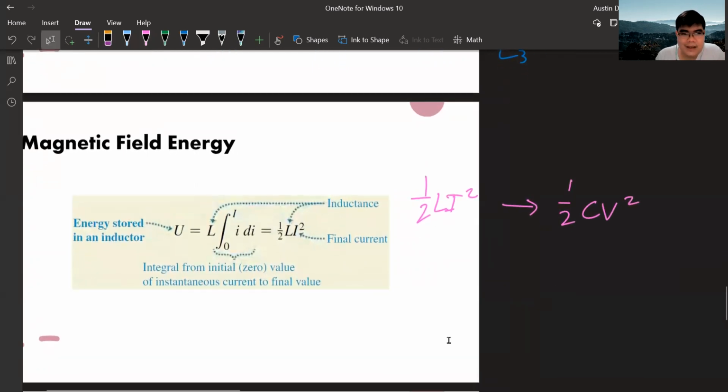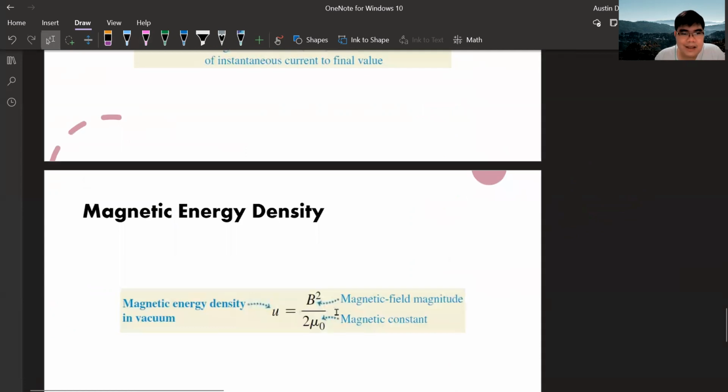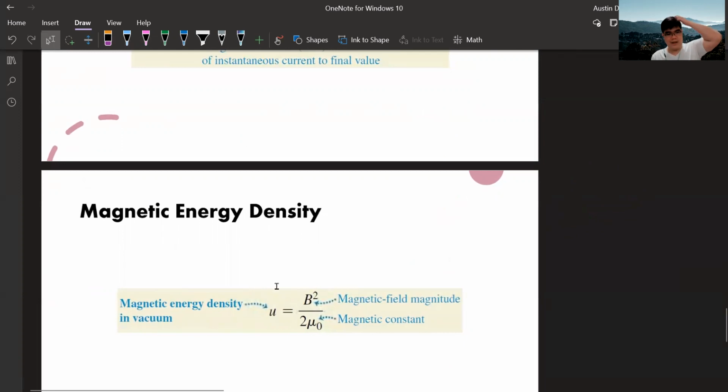Okay? And then, meron tayong tinatawag na magnetic energy density, which is small u, kasi density siya. So if you're gonna get the total energy in some region with this amount of magnetic field, then you have to multiply this whole thing by a volume, kung saan yung volume na inoccupy ng magnetic field B. Okay? Basically, there is energy in your fields. So sa B squared, doon yung energy mo.